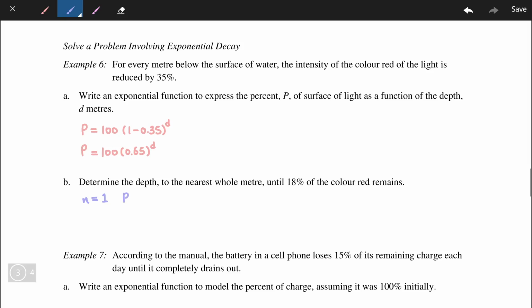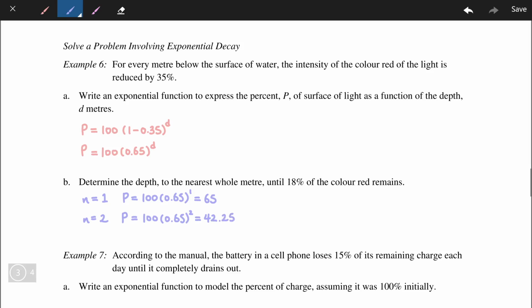So we have p is equal to 100 and then 0.65 to the first power, which of course is just 65% of the light. And then we have n equals 2. So p is equal to 100 and then 0.65 squared. And that will be 42.25%.